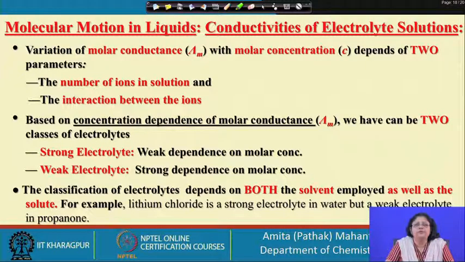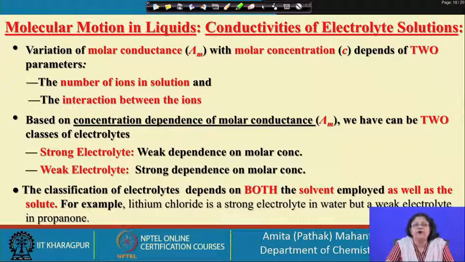So, what are the two important parameters? It is the number of ions in solution and the interaction of the ions in the solution medium, how they are interacting between each other. The number of ions is obviously more or less dependent on the type of solute you have.